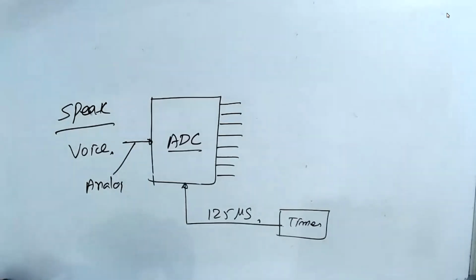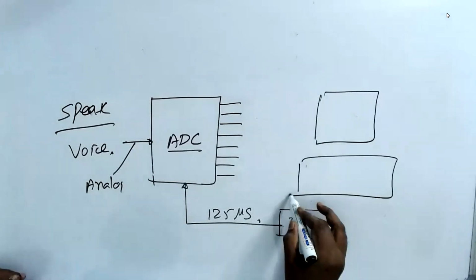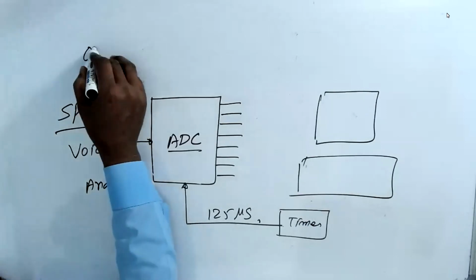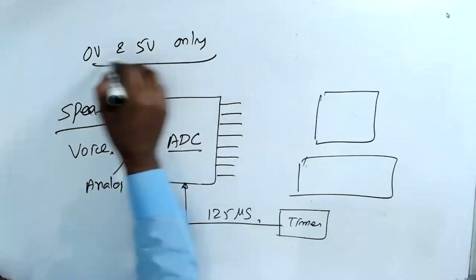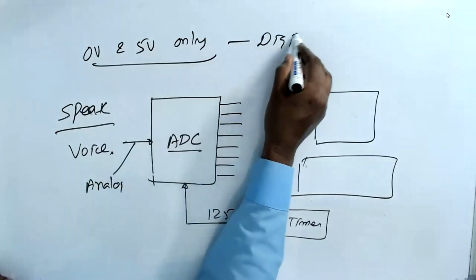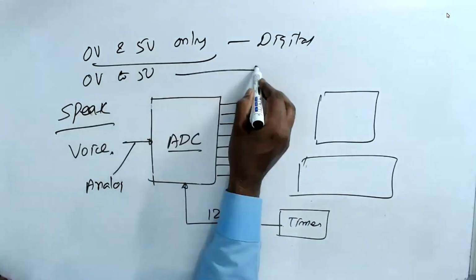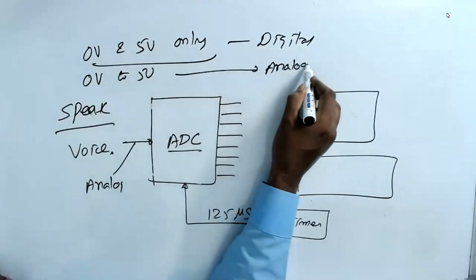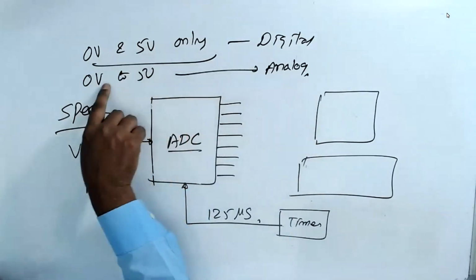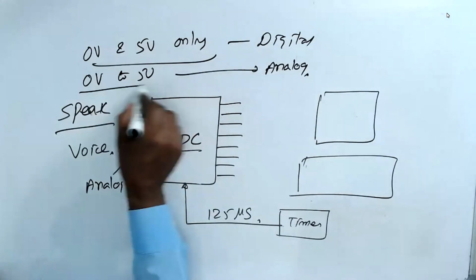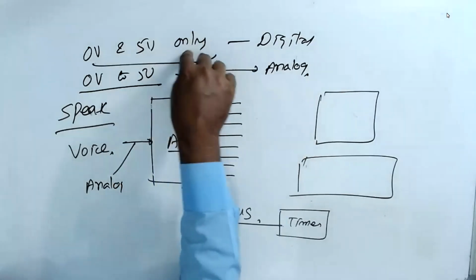All squares are rectangles. If we say that 0 volt and 5 volt only, then it is digital. 0 volt to 5 volt, then it is analog. So in analog, 0 volt is there, 5 volt is also there, but you have all the voltages in between. 0 volt and 5 volt only, then it's called digital.